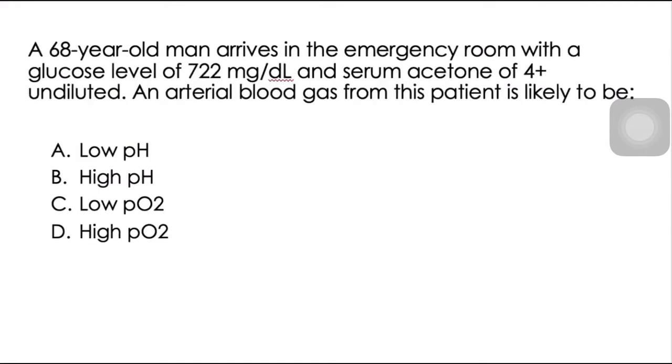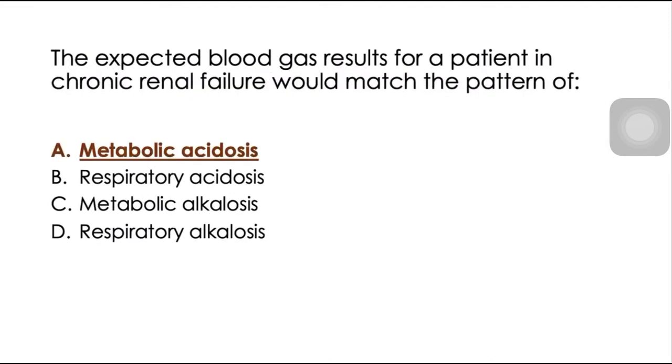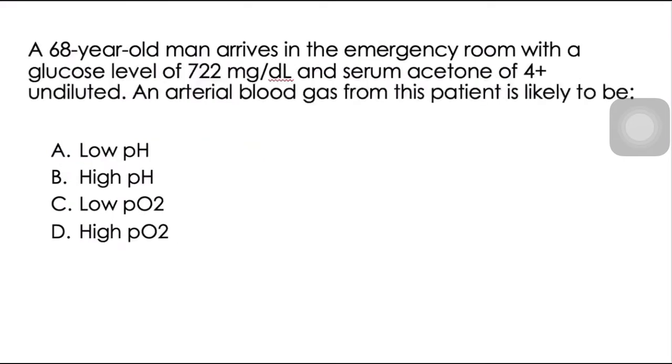Okay. So in this one, clear po ba doon, no? Sa difference ng mga different conditions, no? Metabolic acidosis, metabolic alkalosis, respiratory acidosis, and respiratory alkalosis. Okay. A 68-year-old man arrives in the emergency room with a glucose level of 722 milligrams per deciliter and serum acetone of 4 plus undiluted.